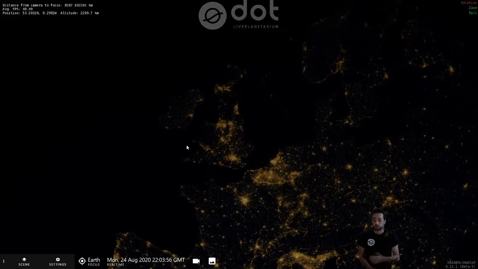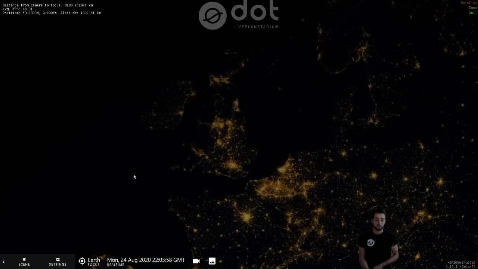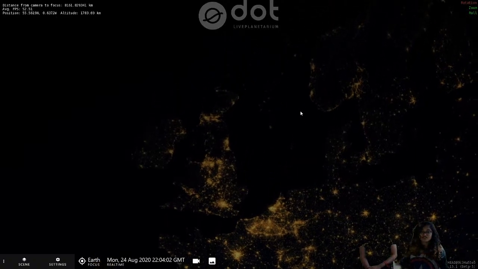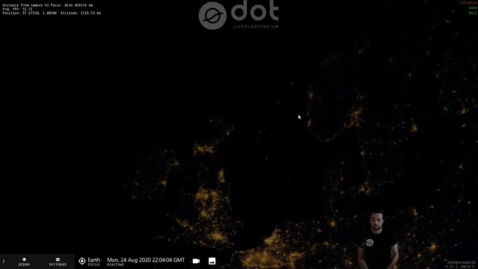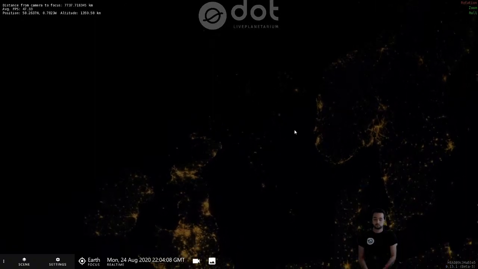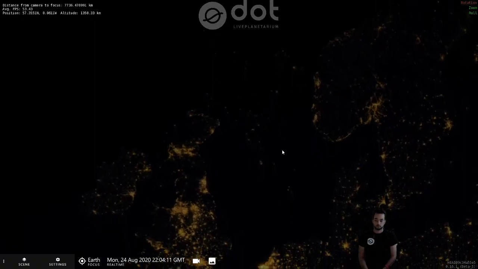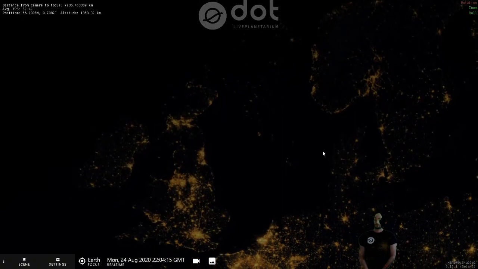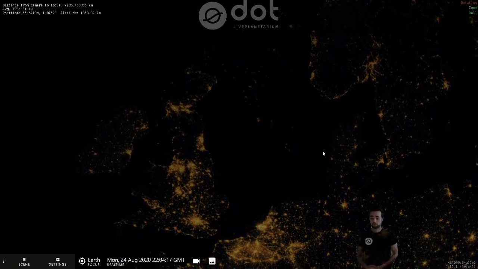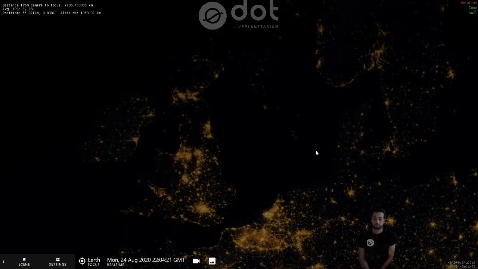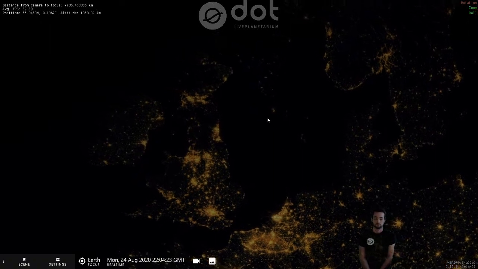But it is not just the countries here that are lighting up. We've also got these oil rigs, oil platforms in the water that are lit, and these affect the birds that are migrating as they are distracted by the light and can disrupt their migration pattern, causing them to even starve on occasion.